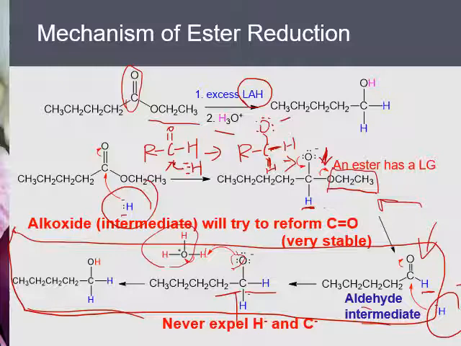And the aldehyde under attack a second time gives you alkoxide, and then protonate. So in the final product, 2 hydrogens come from the hydride attack, and the oxygen hydrogen comes from protonation.